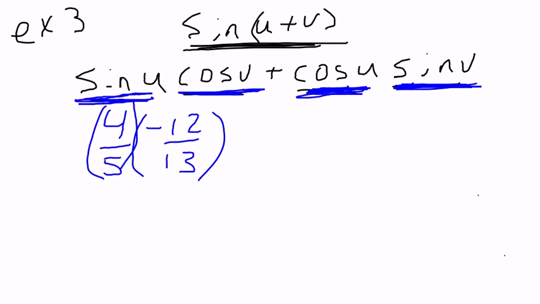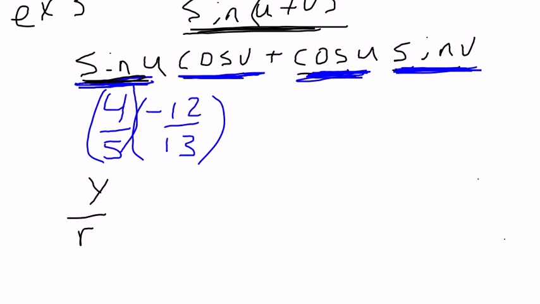That means I have a triangle in one of these four quadrants that has an opposite side of 4 and a hypotenuse of 5, or a y value of 4 and a radius of 5, because sine is y over r.